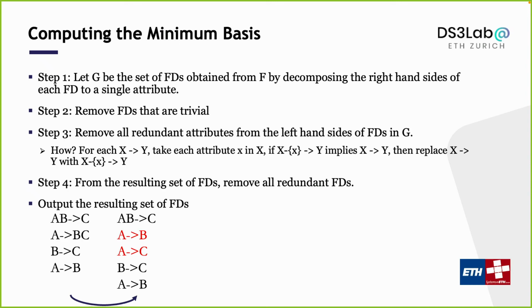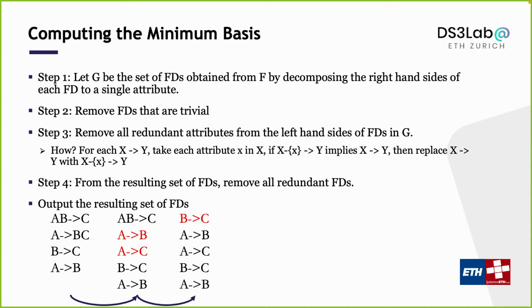In this case, we take the second rule, A to B, C, and decompose it. Now I have A to B and A to C, and all the other rules stay the same. This is step 1. And step 2 is let's try to remove all the functional dependencies that are trivial. In this case, there's no trivial functional dependency.